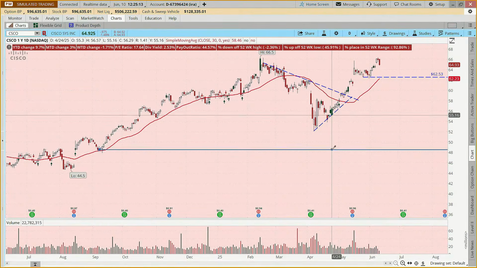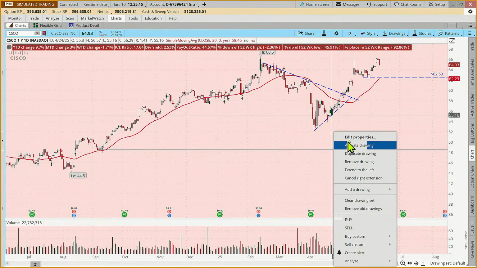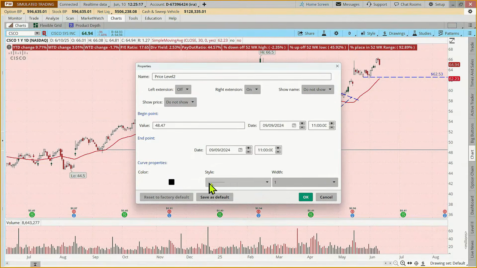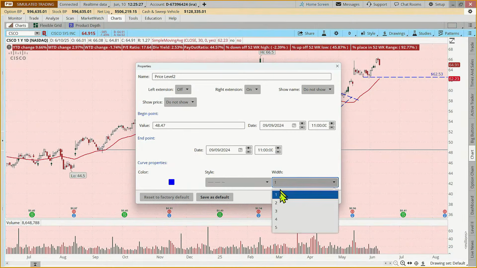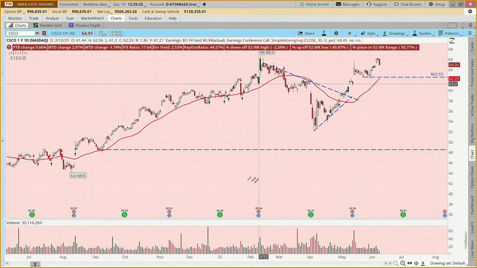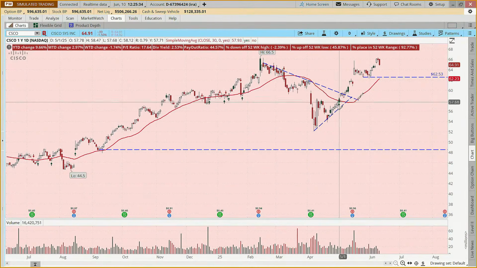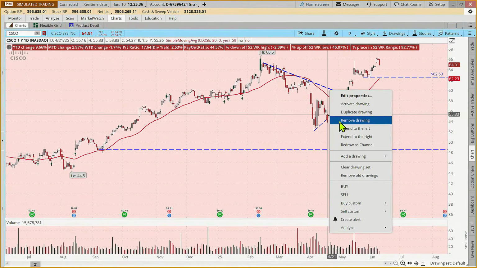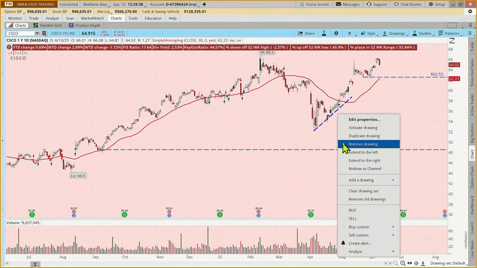Oh, my lines. Now, this line, the default is now black. So if you want to make that different, you can change it here and then make that a default. So let's just say we bought it on this day, and I'm going to get rid of these other lines.